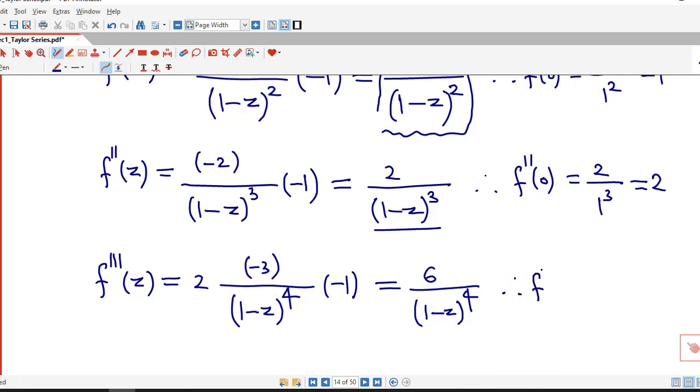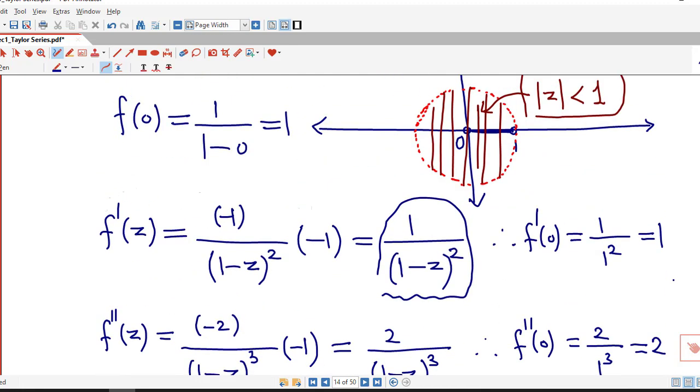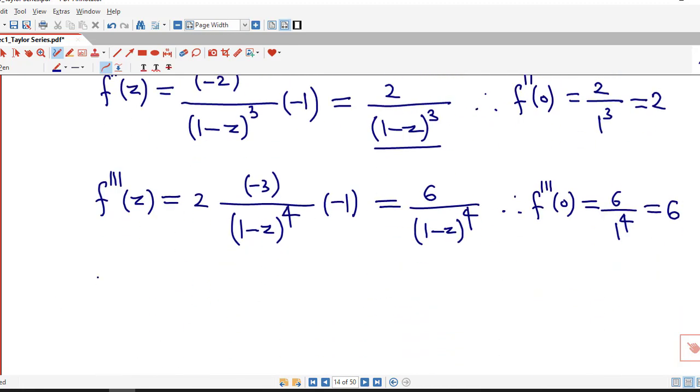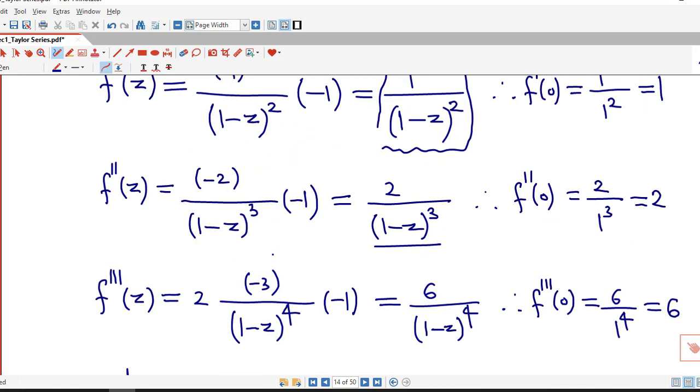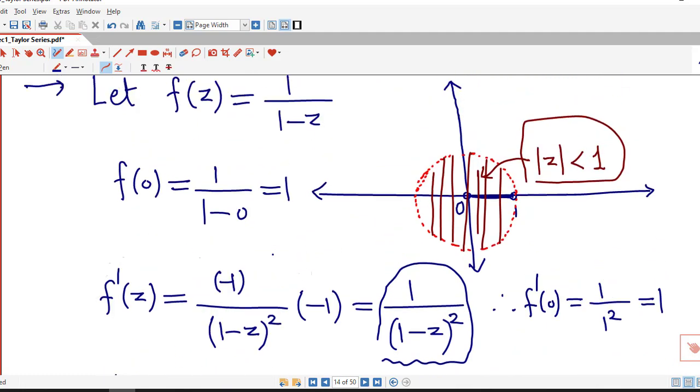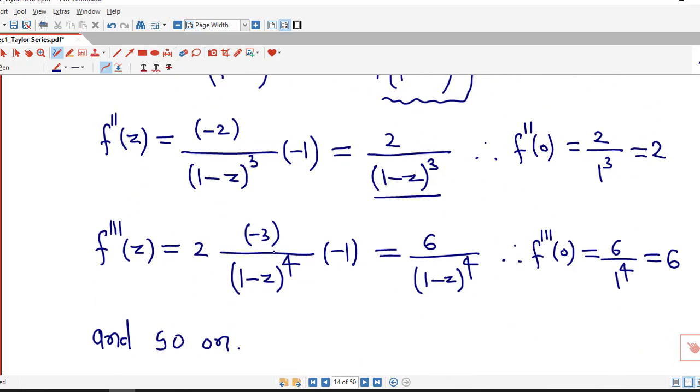If we substitute z equal to 0, we have the third derivative equal to 6 divided by 1 raised to 4, that is 6. In this way we can calculate higher order derivatives, but we go up to the third derivative here, because then we have 4 non-zero terms.